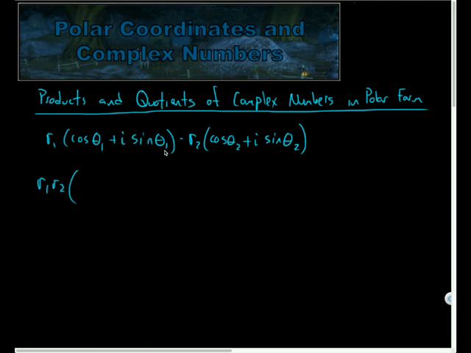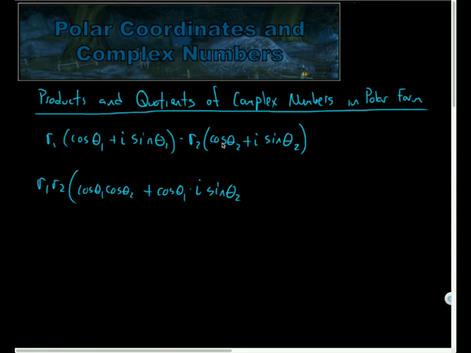And these two binomials, cosine, sine and cosine, sine, I'm going to multiply them out and literally FOIL it out. So I'll have cosine theta 1 cosine theta 2, plus i, cosine theta 1 times i sine theta 2.